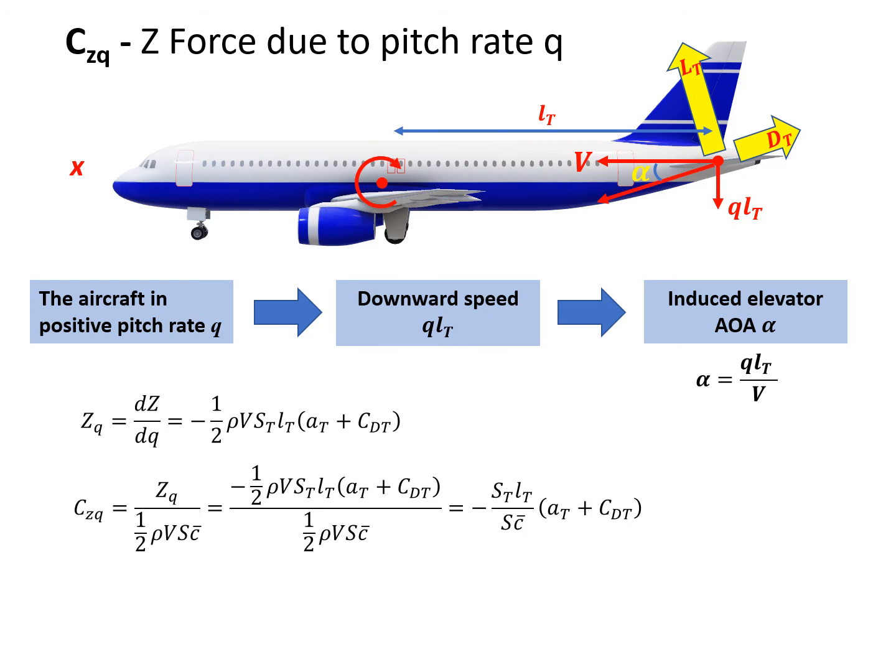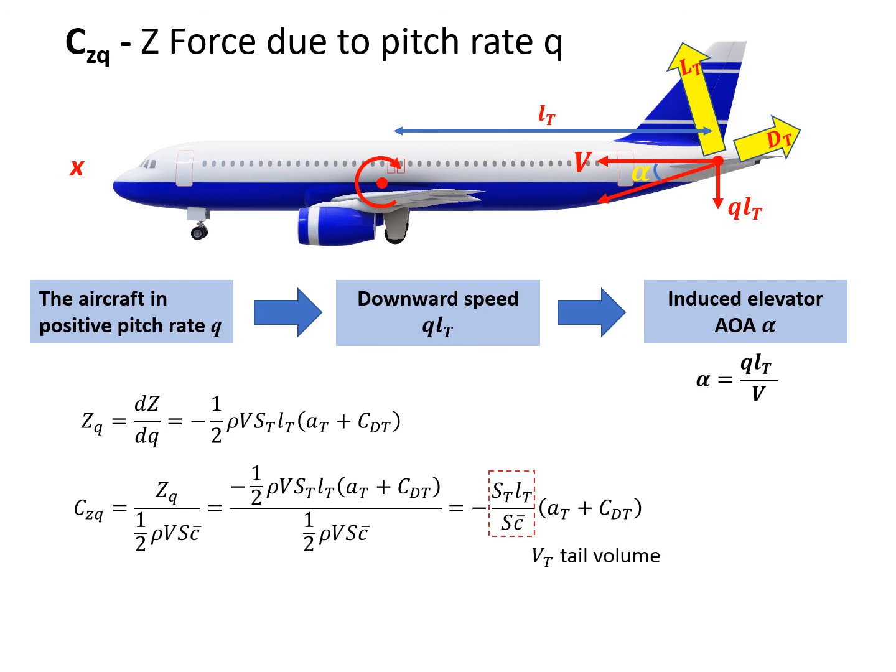We do some simplification. Then on the right hand side we have minus ST LT divided by S C bar, times the bracket AT plus CDT.